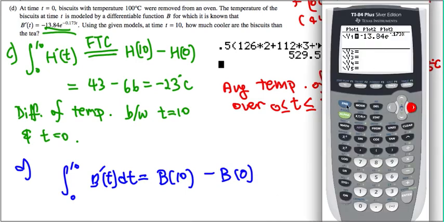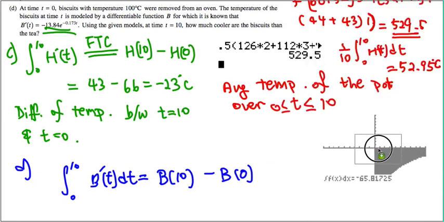From here, if you graph it, we'll get some sort of expression here. And second, trace, which will give us this menu, go to number 7. The lower limit becomes 0 and the upper limit becomes 10. Then as you can see, that becomes our answer.